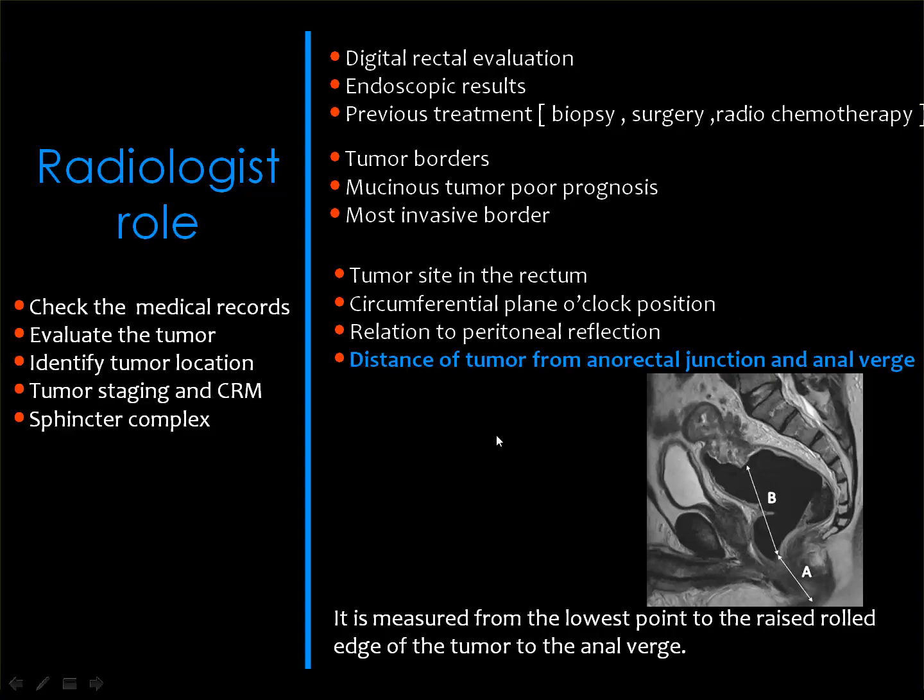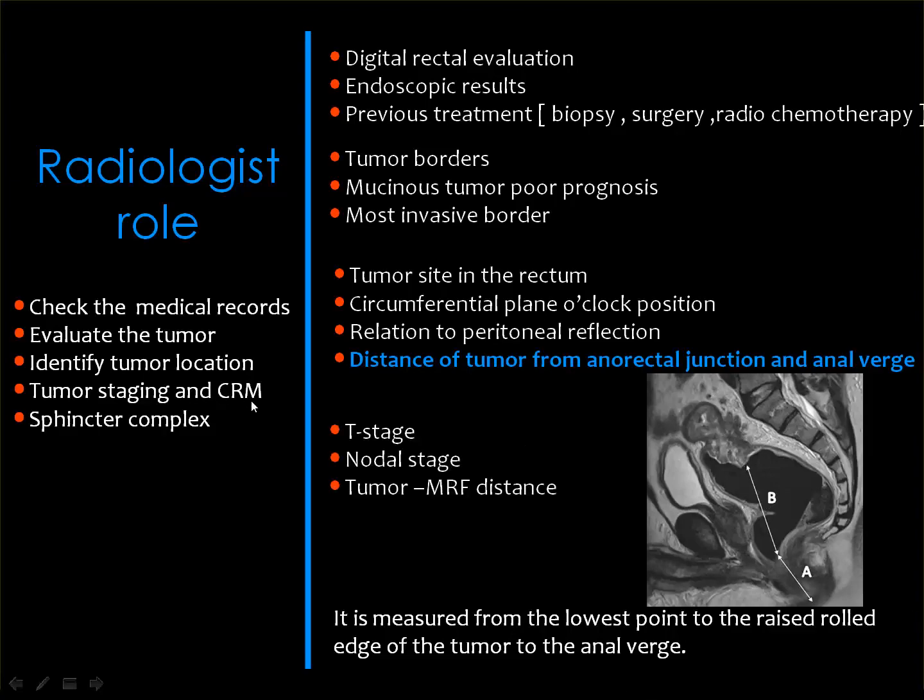Then identify the tumor location, the site of the tumor in the rectum, circumferential plane of involvement referred to the clock position, relation to the peritoneal reflection, and distance of the tumor from the anorectal junction and the anal verge, which is a very important indicator for the surgery. This is one of the ways to measure the distance between the tumor and the anal verge: you put a line measuring the anal canal separately, then another line from the top of the anal canal to the inferior margin of the tumor.